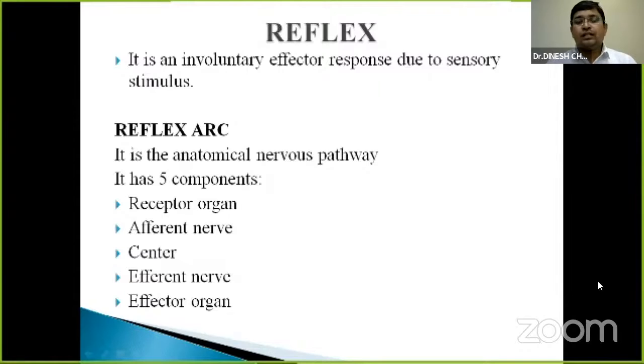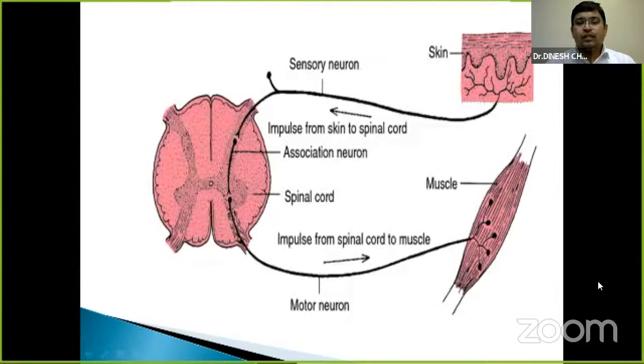So what is the pathway for that? Skin for superficial reflexes, and for deep reflexes, it's the tendon. So the first information is received by the skin receptor.